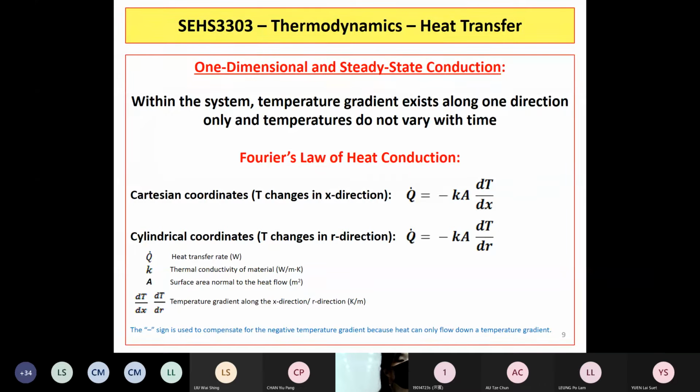That is the assumption of one-dimensional and steady-state conduction. That's the assumption before we perform the analysis. One-dimensional means we have a temperature gradient in one direction. Steady means it does not vary with time.